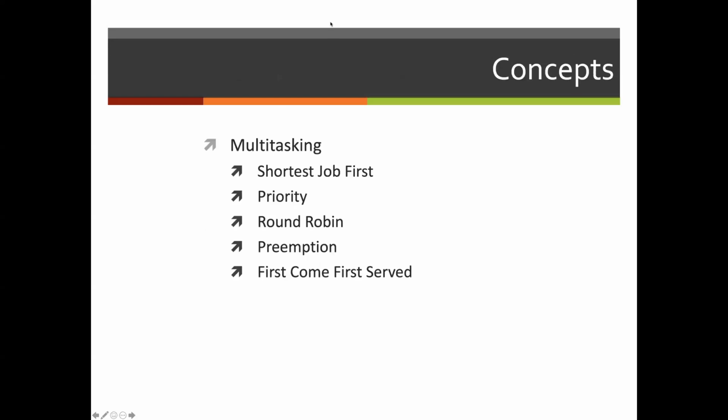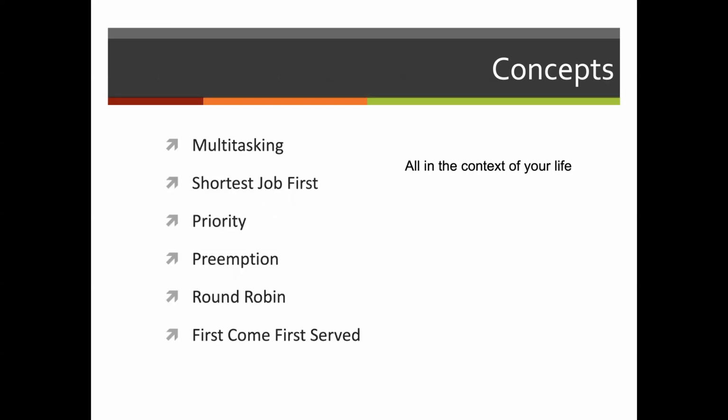So now we will discuss some additional concepts related to multitasking. And with multitasking, we're going to get into more detailed discussions and different algorithms that can be used. But first, let's consider what we mean when we say multitasking.